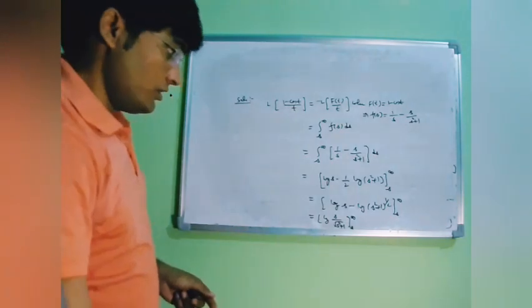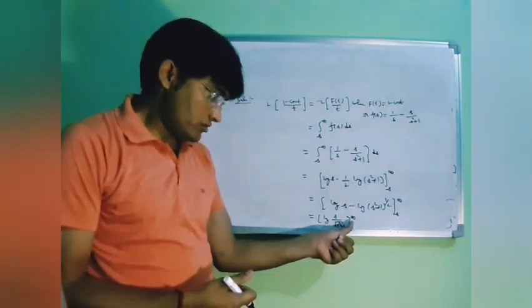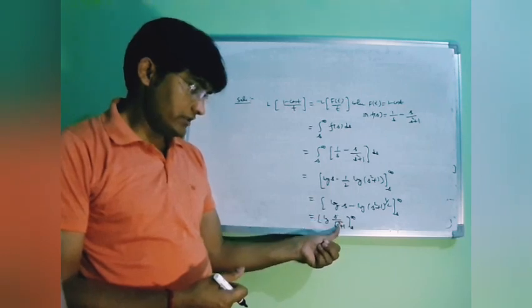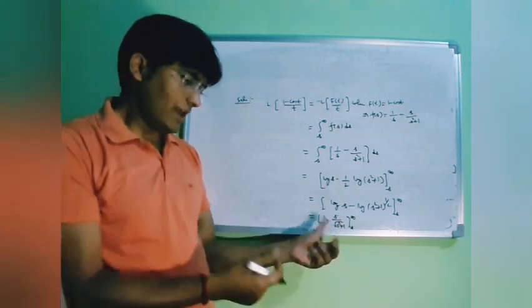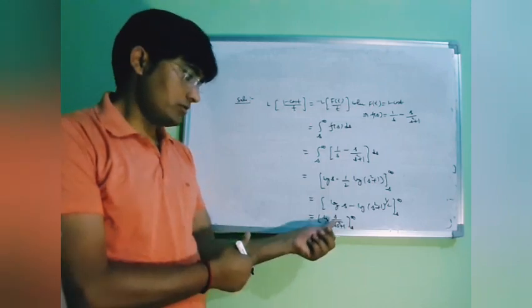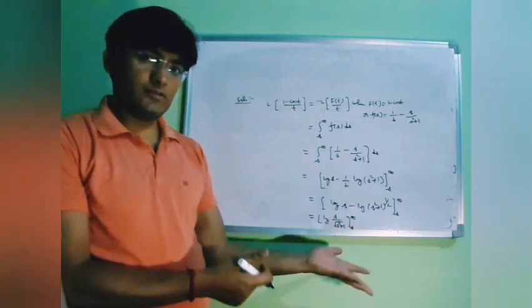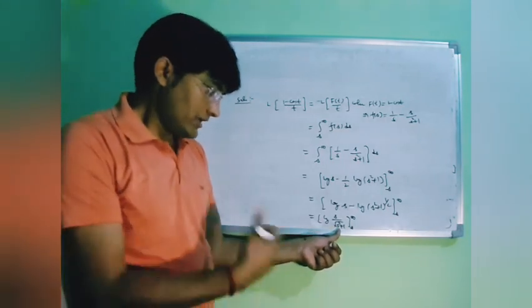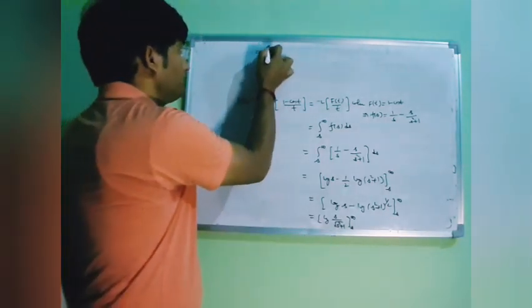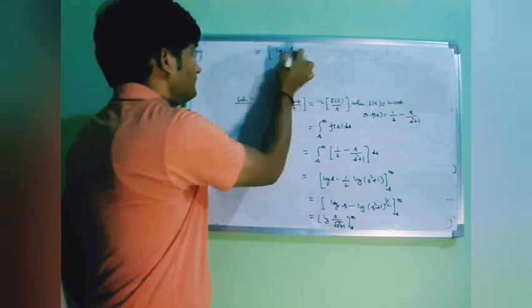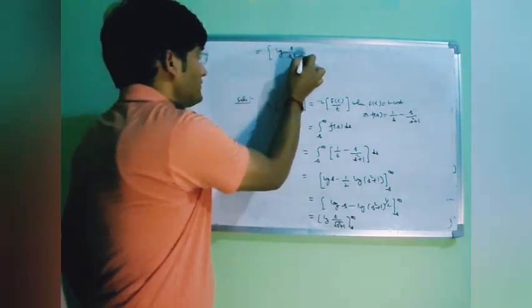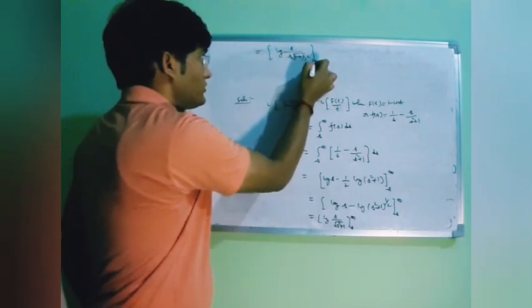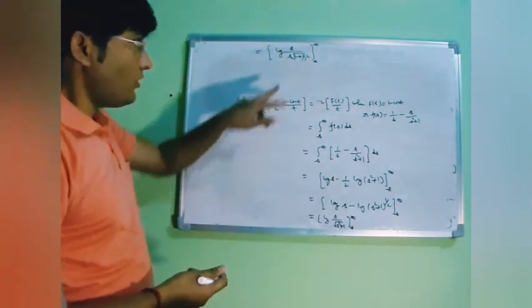Okay. So if we try to evaluate the upper limit, you can see that this is log of infinity divided by infinity, because you will have to take this s common. So taking this common, we will get s upon s times root of 1 plus 1 upon s square, with the limits from s to infinity.